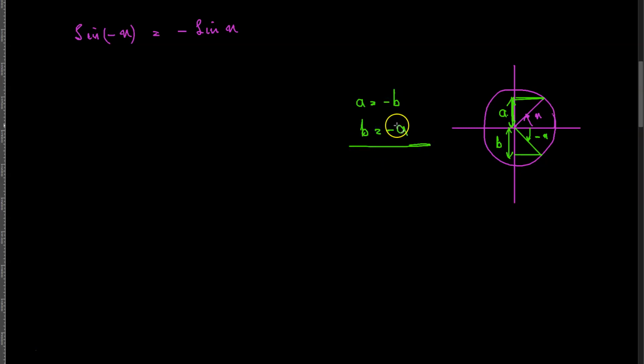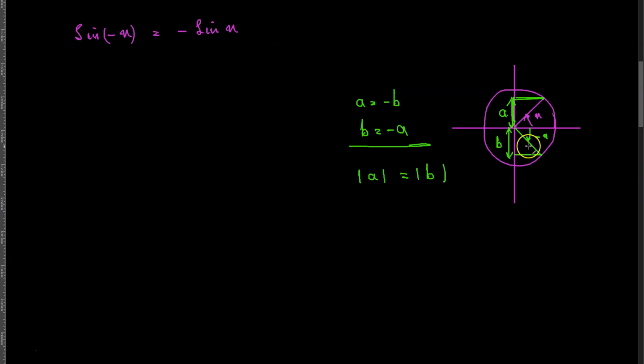The absolute value of a is equal to the absolute value of b, but of course b is a negative value and a is a positive value, which means that b is equal to negative a, right?